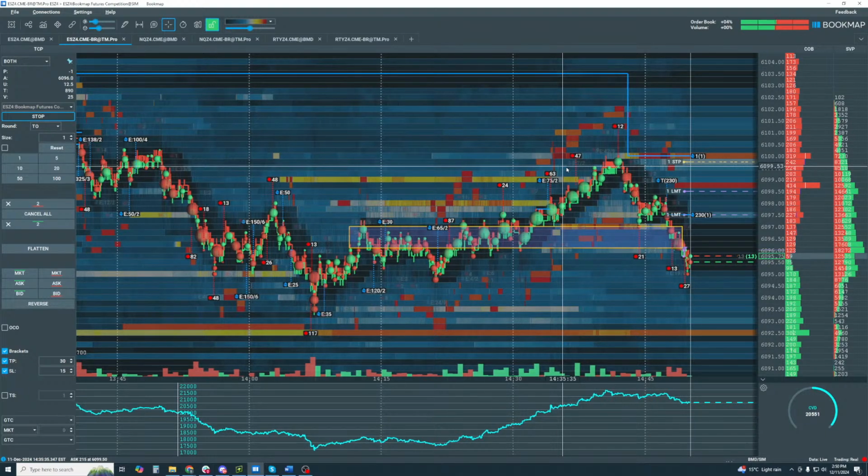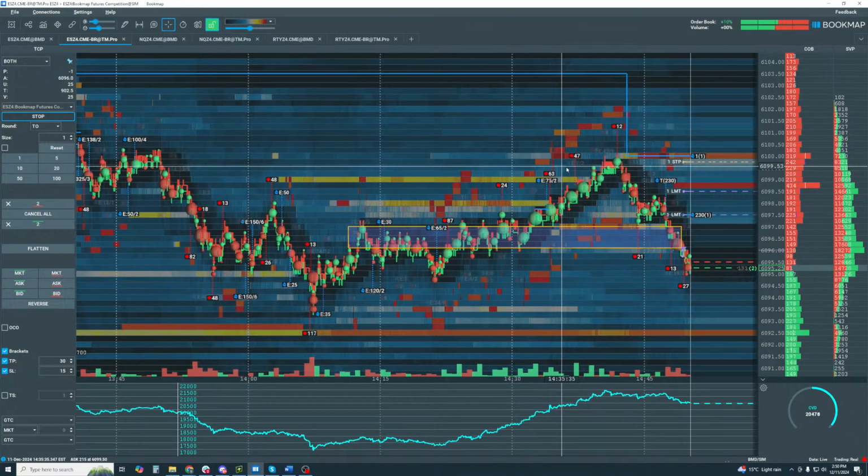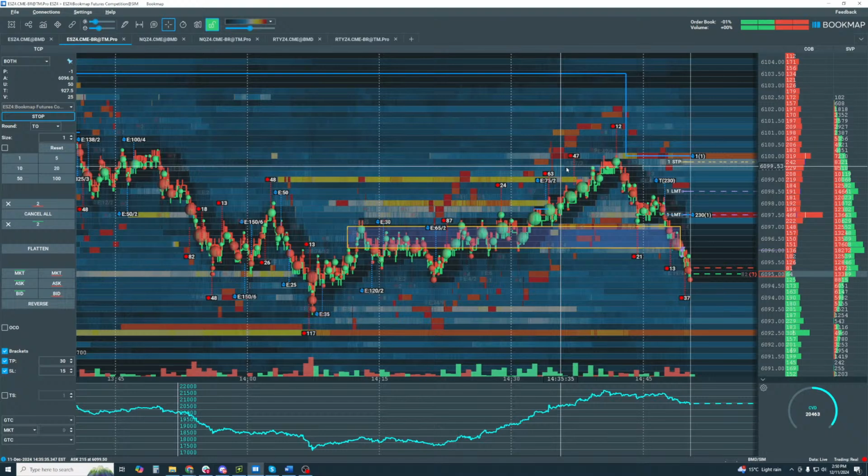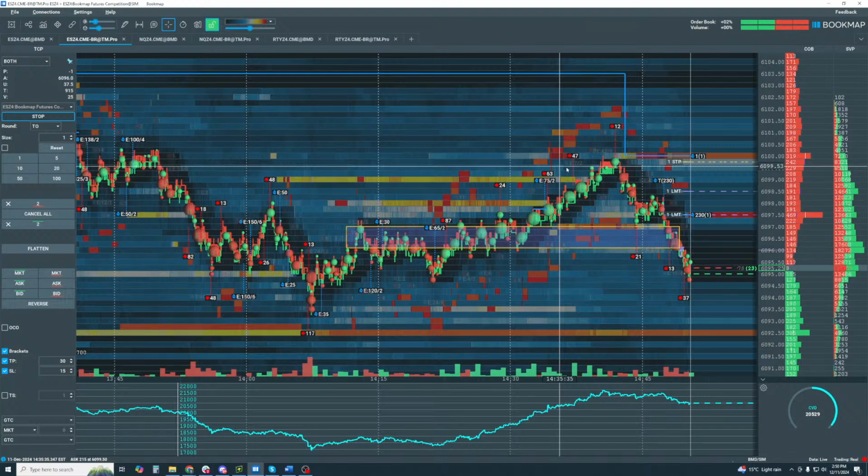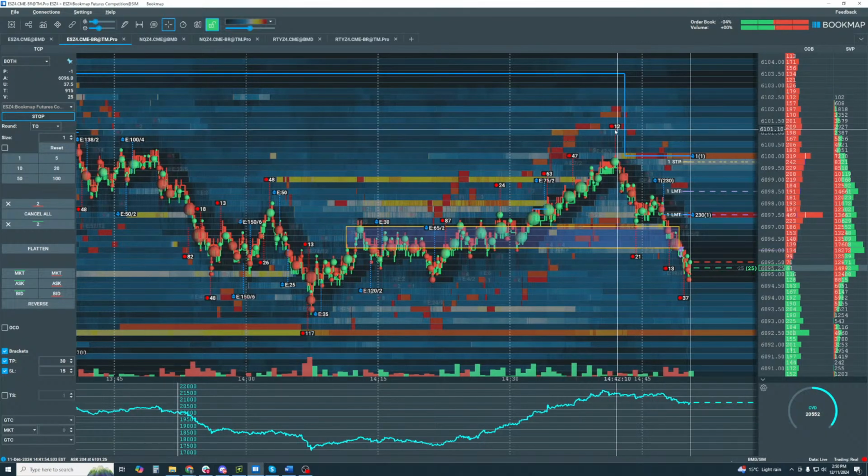There's only so much you can lose, and you could have maybe unlimited gains, theoretically. If you're selling a call, it would be the opposite: limited gains and unlimited theoretical losses.